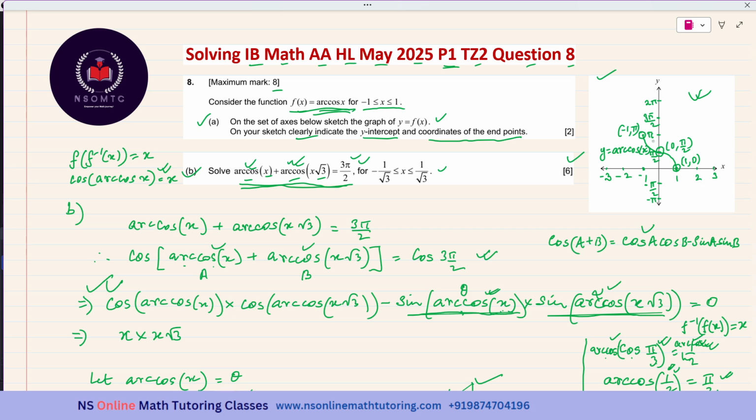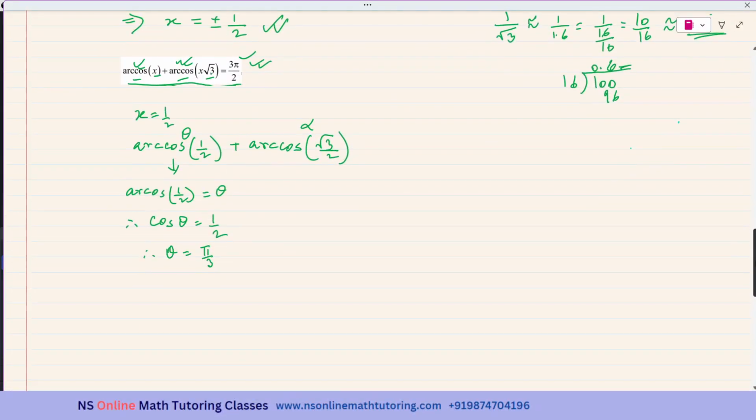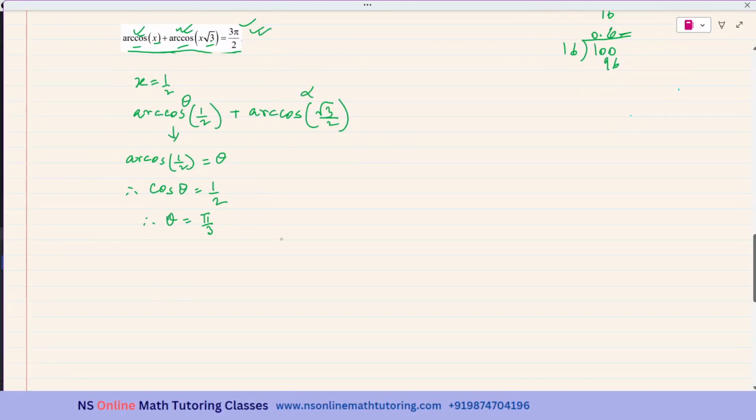That means it is covering only the first two quadrants. So cos theta is positive, which means theta will be an acute angle. Theta cannot be an angle from the fourth quadrant.